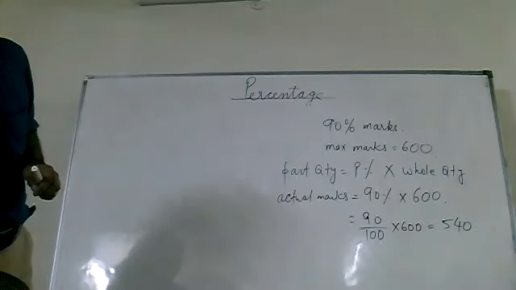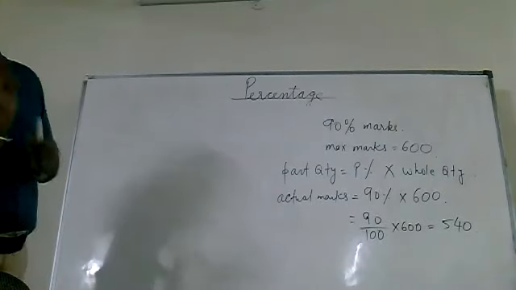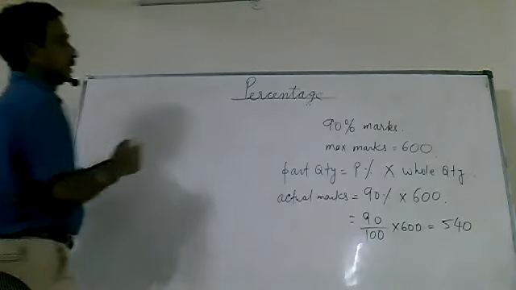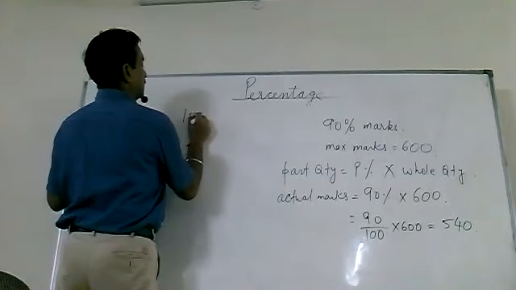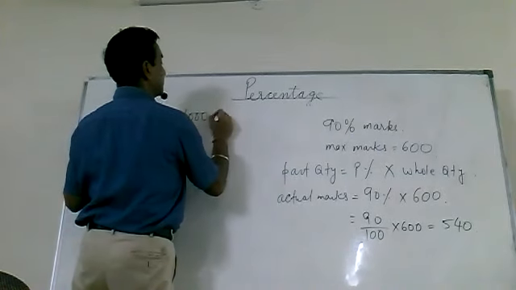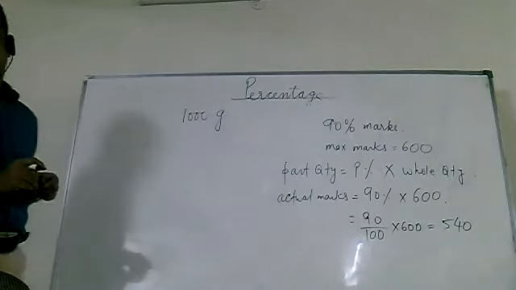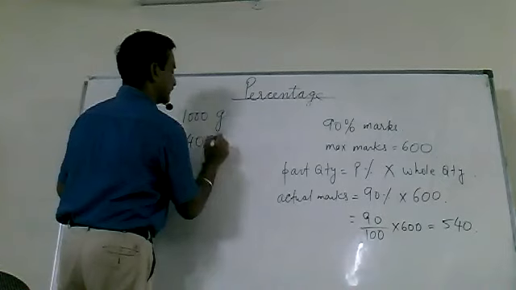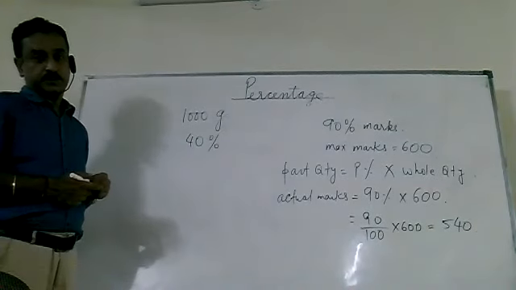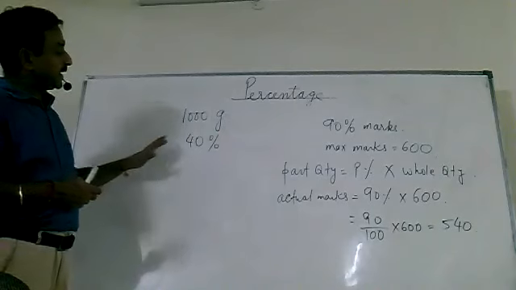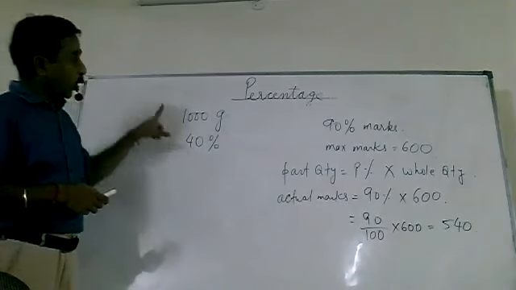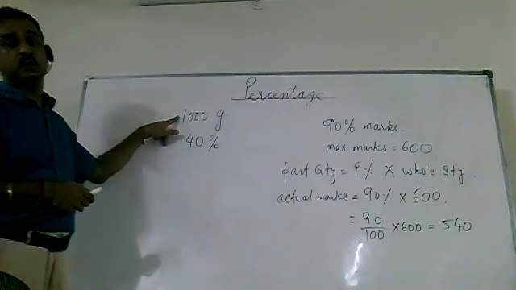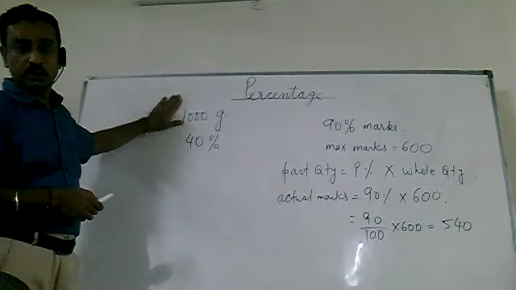So let me take another example. Supposing you have 1000 grams of sweets with you, and you have to give 40% to the first student. So the first student will get 40% of this whole quantity. 1000 grams is the maximum quantity you have, so this is the whole quantity.